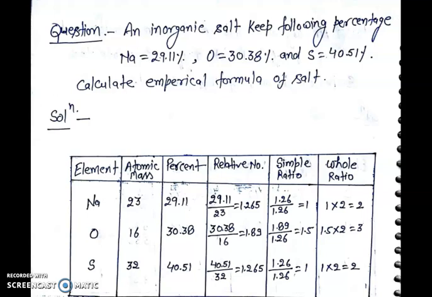Here, 40.51 divided by 32, and we get the relative number of sulfur, that is 1.265. As we can see, the smallest relative number is 1.265.